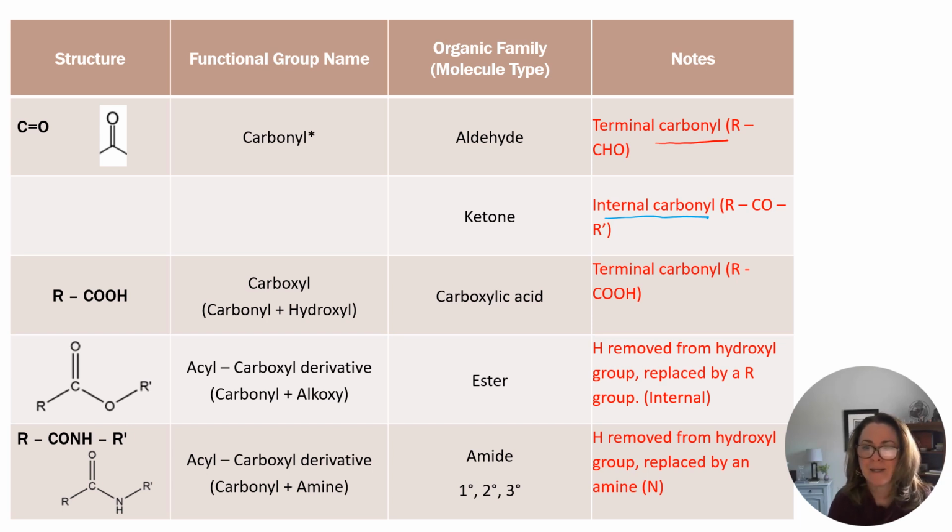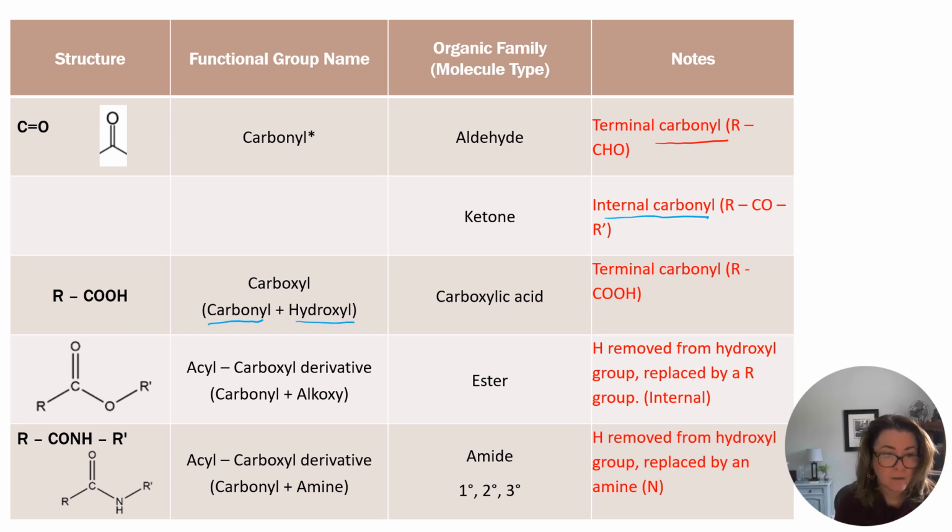Okay, so carbonyls are our first functional group, and our two organic families are either an aldehyde, terminal carbonyl, or a ketone, internal carbonyl. Our next functional group name is a carboxyl. This is going to be a carboxylic acid. Now, a carboxyl is a combination of a carbonyl and a hydroxyl.